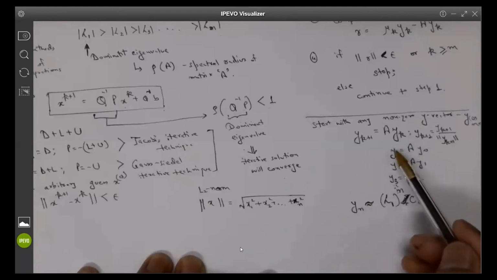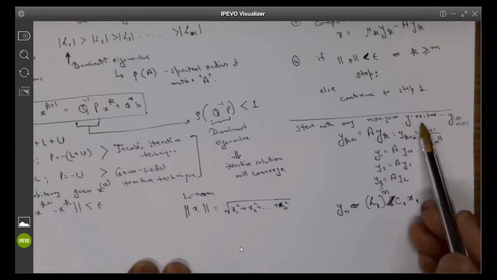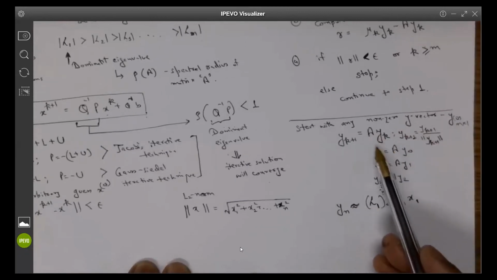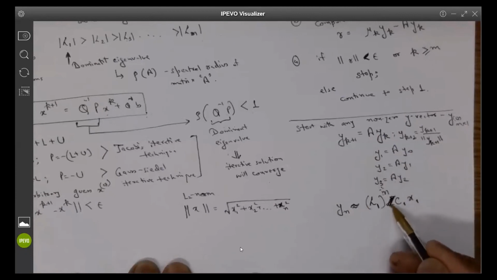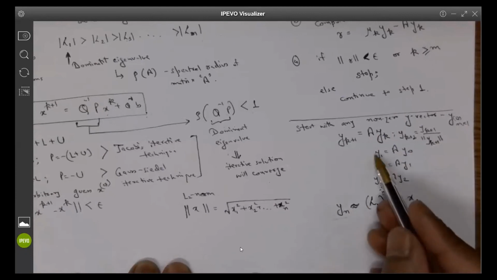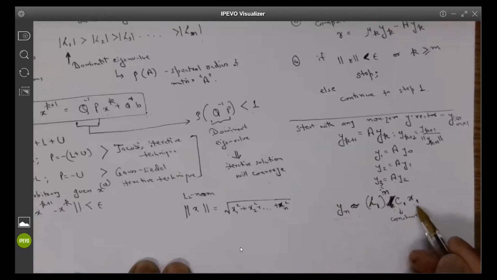So what we are doing is, you start with any non-zero, arbitrary vector y and keep on multiplying with matrix A: for y2 multiply with A, and for y3 multiply again with A. If you keep on doing that, after a certain number of multiplications this will be just the first, dominant eigenvalue raised to the power n, the number of times you are multiplying, times a constant. It's just one constant, and this is your eigenvector corresponding to lambda 1.